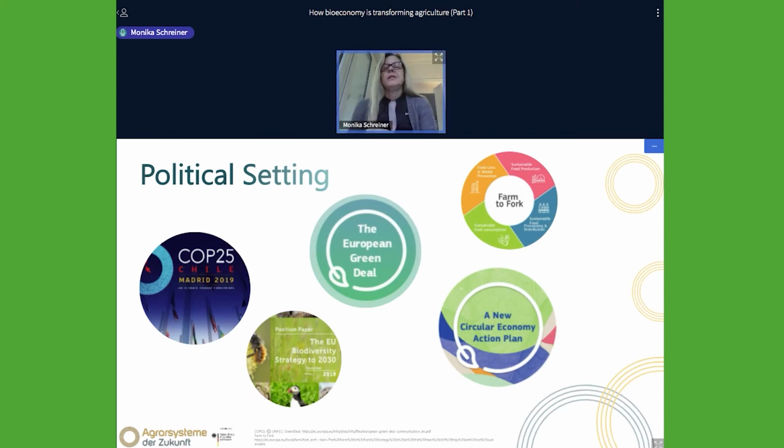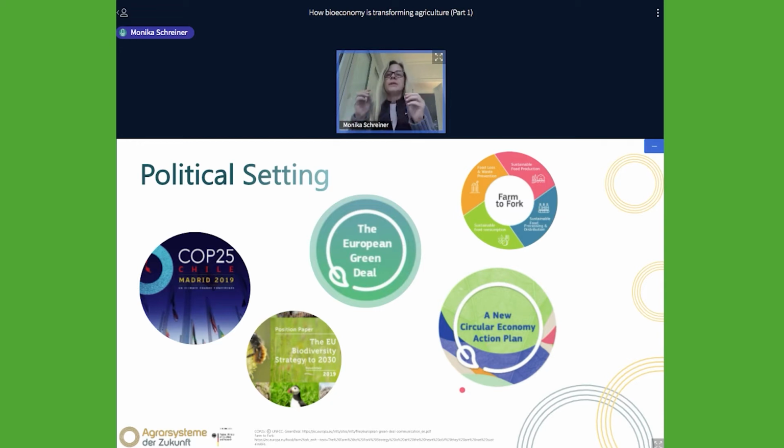Even if the outcome of COP25 was not really convincing, and also achieving the goals of the Paris Agreement is still uncertain, there are some political decisions already done and in political course settings in the direction of a green recovery. That is done with the establishment of the European Green Deal, with its farm to fork strategy, with the biodiversity strategy, or with the new circular economy action plan, just to mention a few.